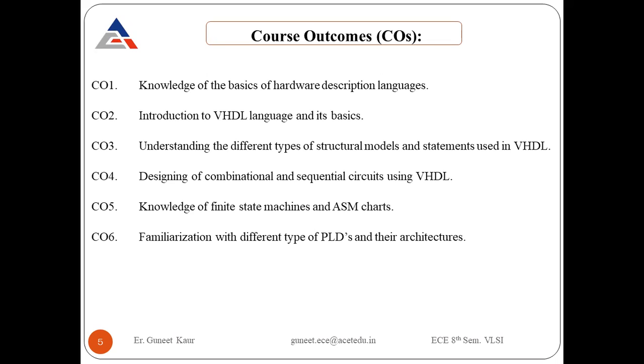Third course outcome is understanding the different types of structural models and statements used in VHDL. Okay, VHDL is a language, as I have already told you.